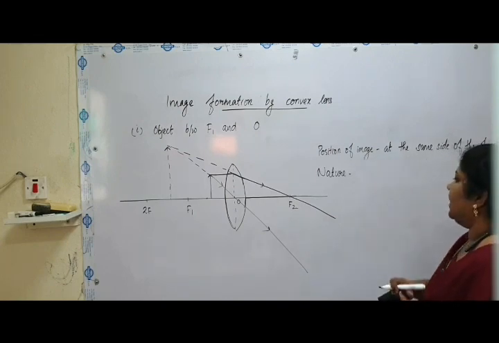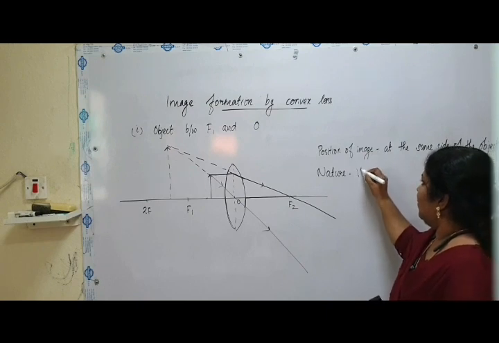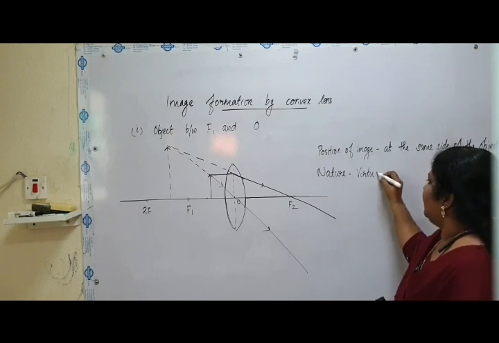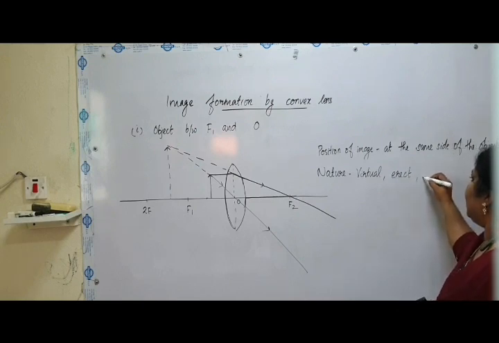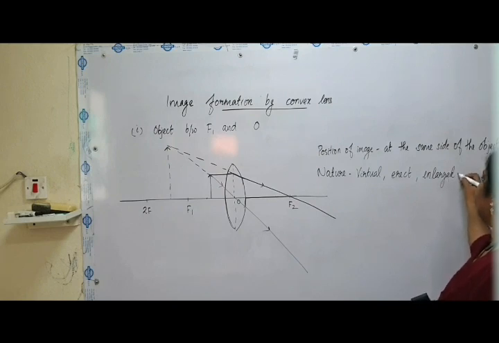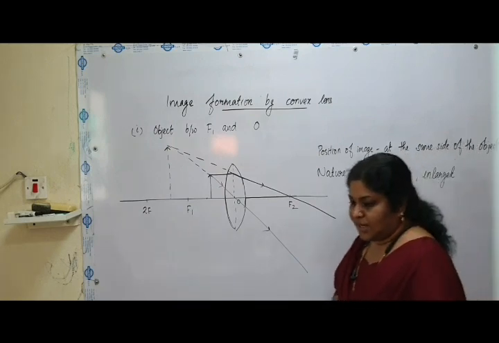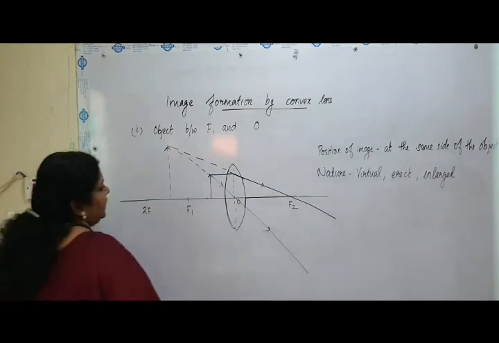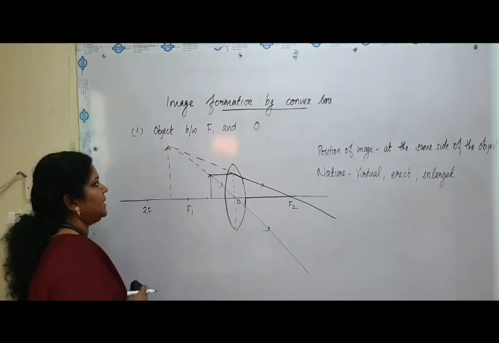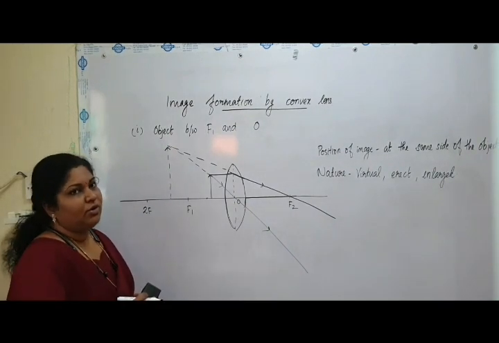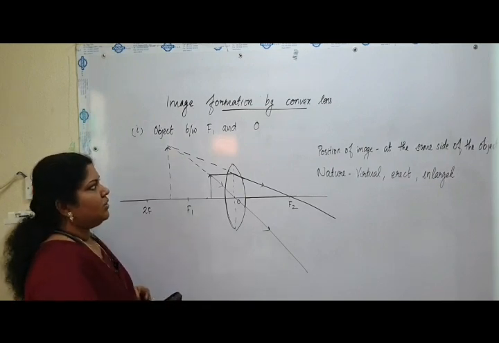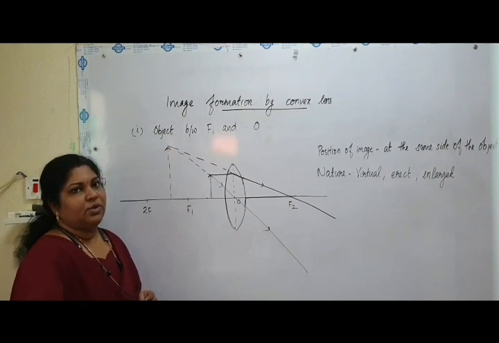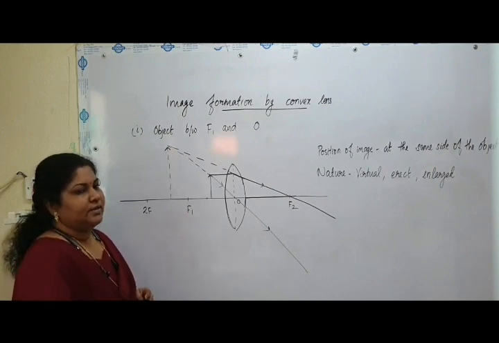Nature: virtual, erect and enlarged. So this is a special case in which we will get a virtual erect image in the case of a convex lens, just like what we have done for the concave mirror. So just compare and learn mirror and lens, so it will be easy for you. So these are the different cases for a convex lens.